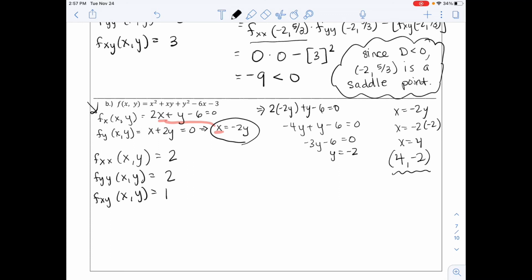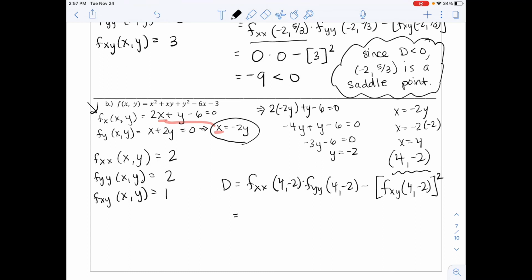So now from our formula, we have our discriminant is going to equal the second order partial derivative with respect to x twice evaluated at our point, which is (4, -2), times our second order partial derivative with respect to y twice at (4, -2), minus the second order partial derivative with respect to x and then to y at (4, -2), and then squared.